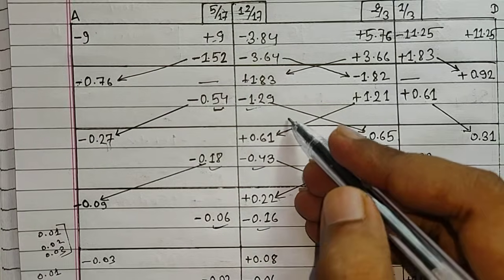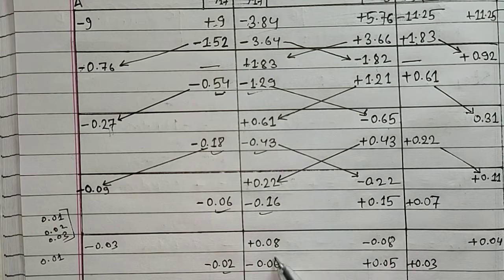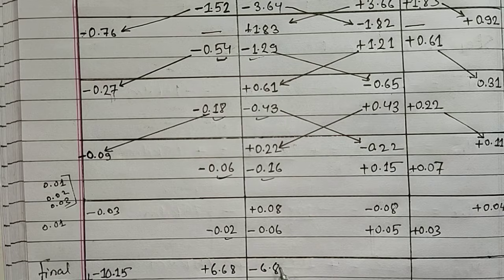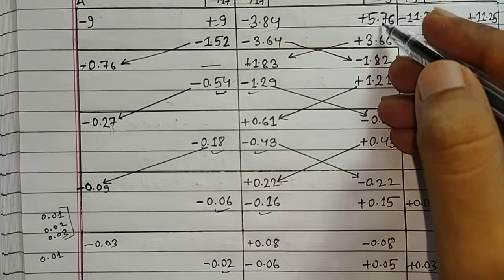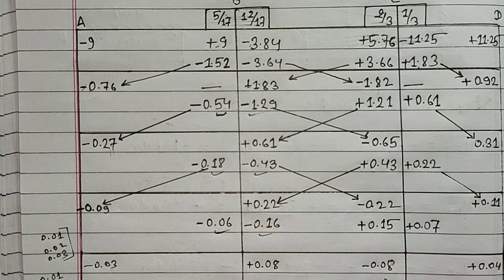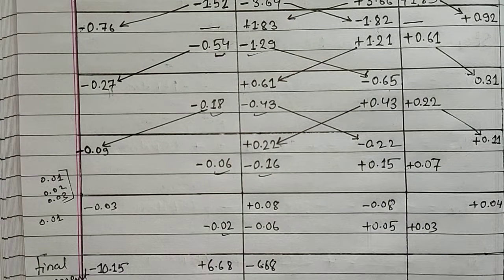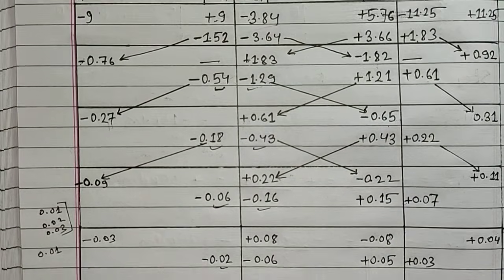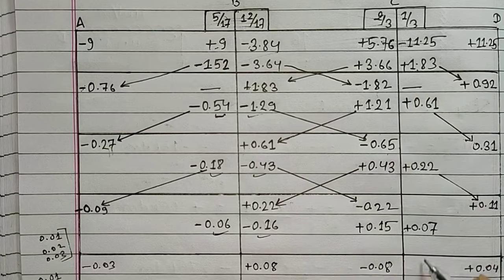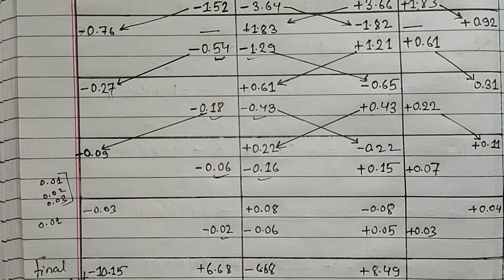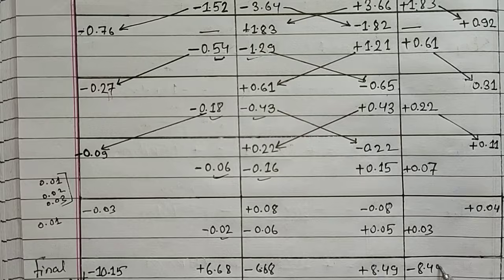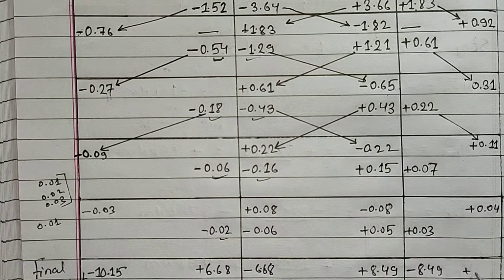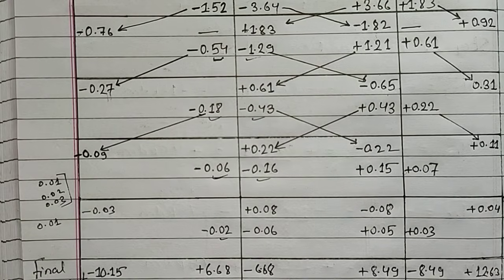Similarly, adding all these numbers, we will have the final moment as minus 6.68. On adding all these numbers, we will have the final moment as plus 8.49, and on adding all these numbers, we will have the final moment as minus 8.49, and adding these numbers, we will have here plus 12.63, and this was our final moment.